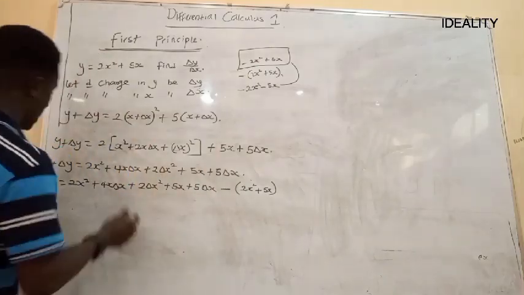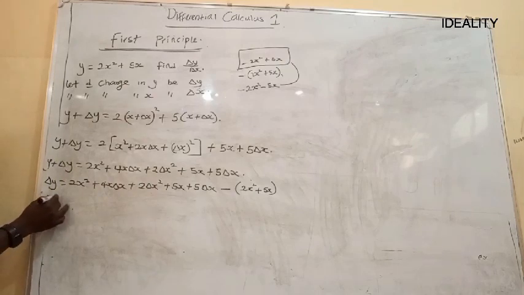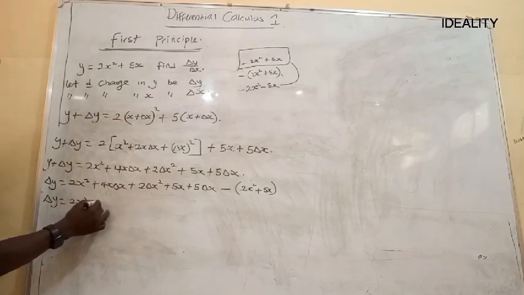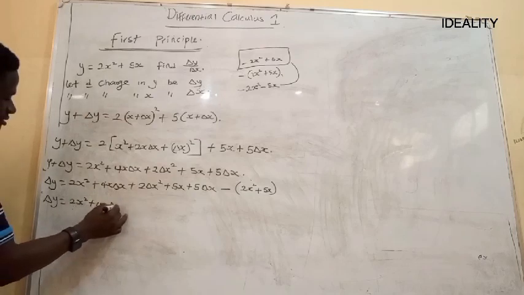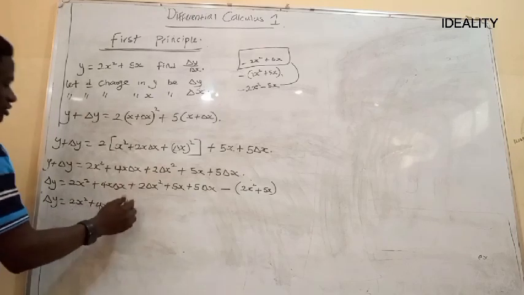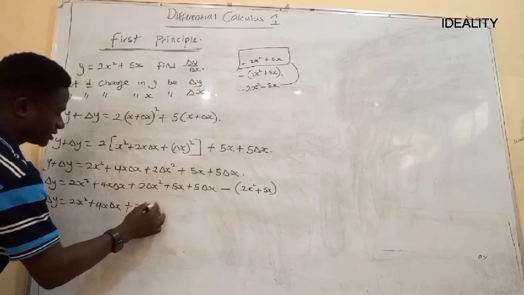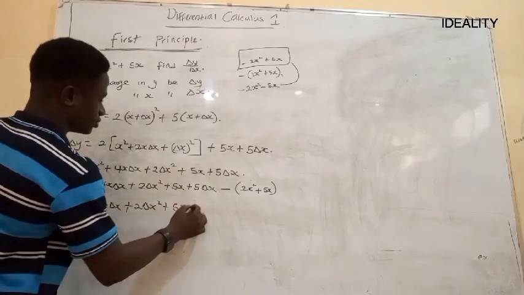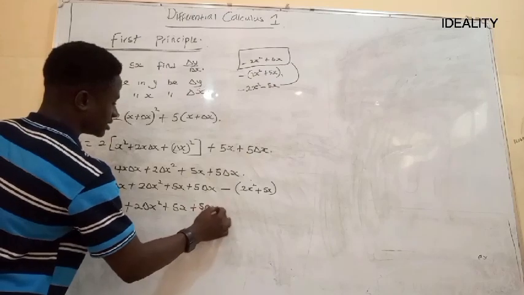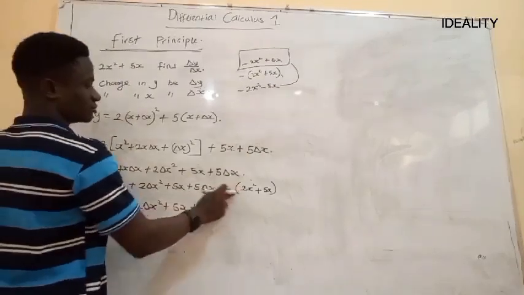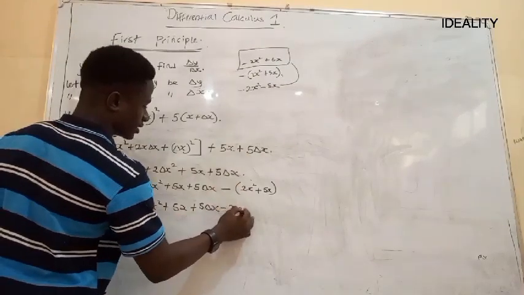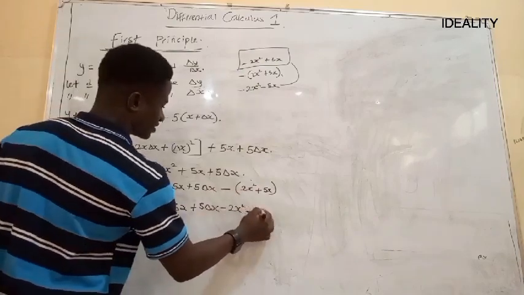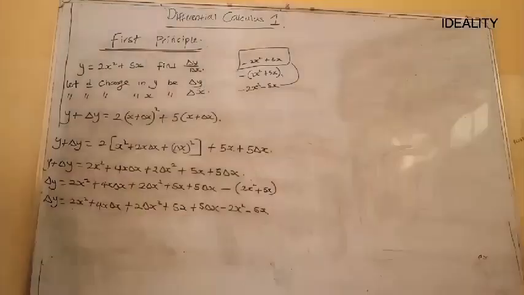So let's continue. We have my theta y to be equal to 2x squared plus 4x theta x plus 2 theta x squared plus 5x plus 5 theta x minus 2x squared minus 5x. Now what do you notice?